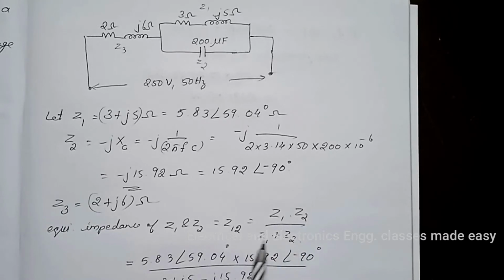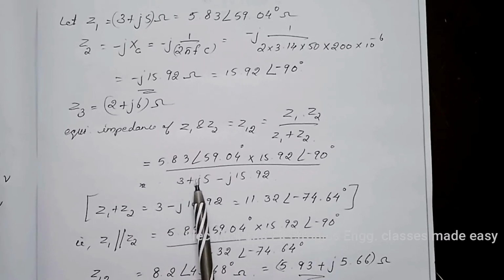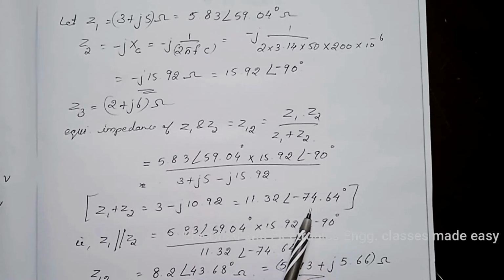For this we have to find Z1 plus Z2, that is, Z1 plus Z2 is equal to 3 minus j10.92, that is, Z1 is 3 plus j5 and Z2 is minus j15.92. So we get 3 minus j10.92, which is equal to 11.32 angle minus 74.64 degree in polar form.